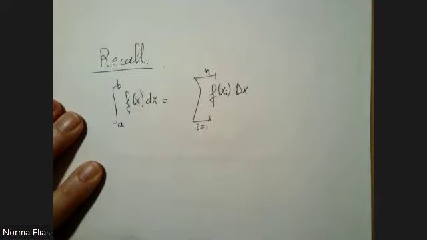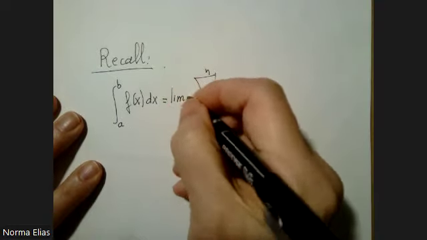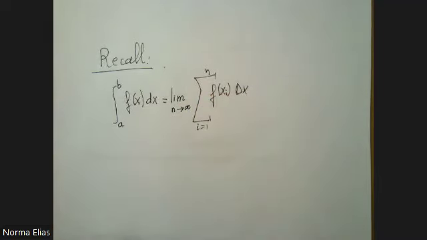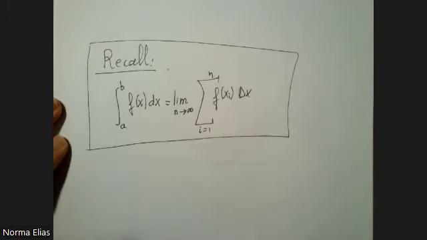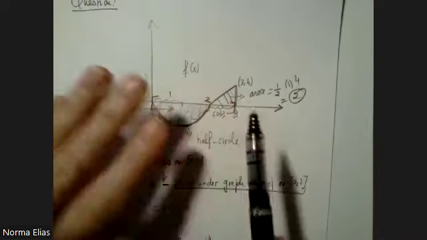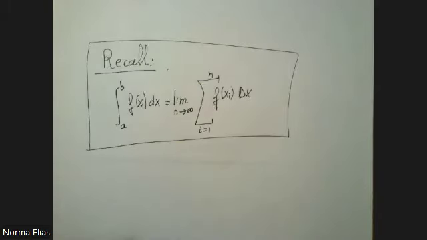We evaluate the sum for larger and larger values of n, and when n becomes very large, those sums become close to a fixed number, which we call the definite integral. Geometrically, as I started the lecture, it is the area as long as the function is positive, and the net area if the function takes positive and negative values. So that's really the definition.